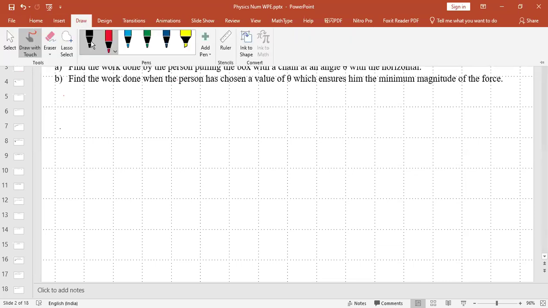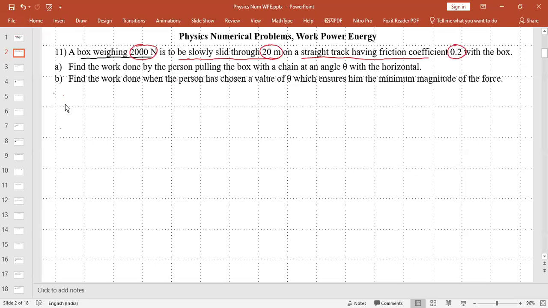The problem appears to be like this: there is some table or some floor here, on which the box is placed. Now, this box weighs 2000 Newton.